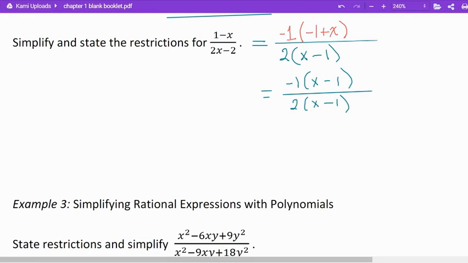Are they all being multiplied? Yes. And so as you can see, this x minus 1 is an entire term. I'm canceling out the entire multiple of x minus 1. Now, eventually you might be able to do this in one step, or 2 steps, but I'm just showing you all the steps. And I'm left with negative 1 half.